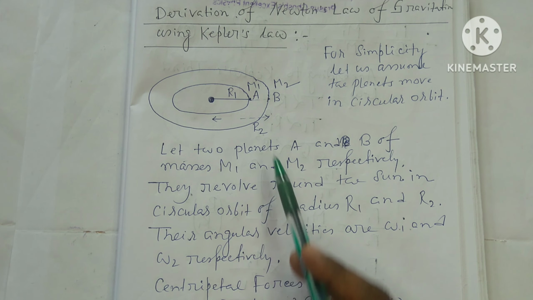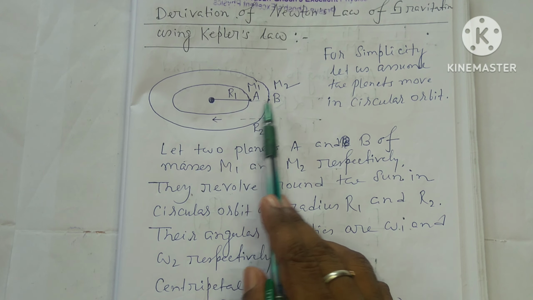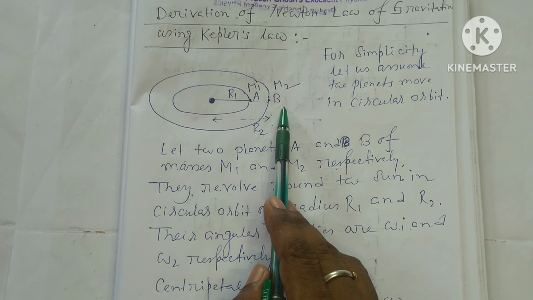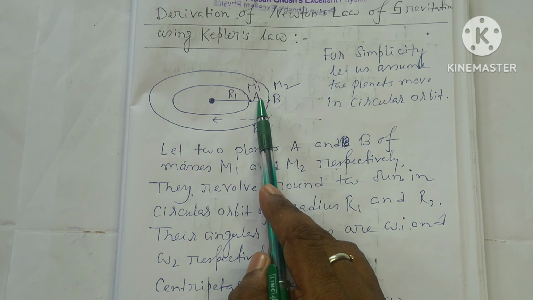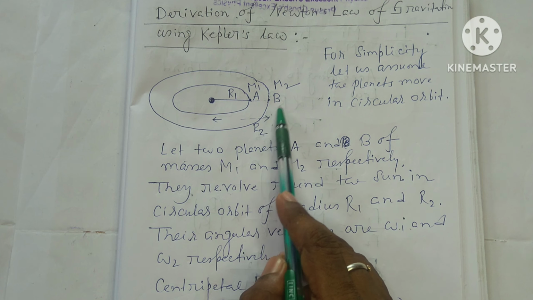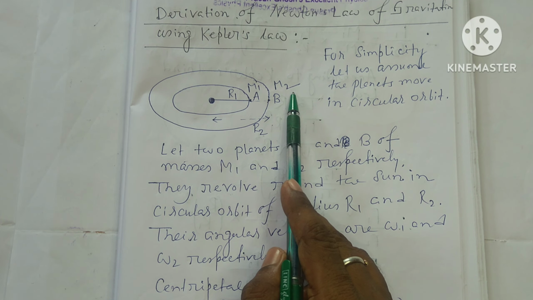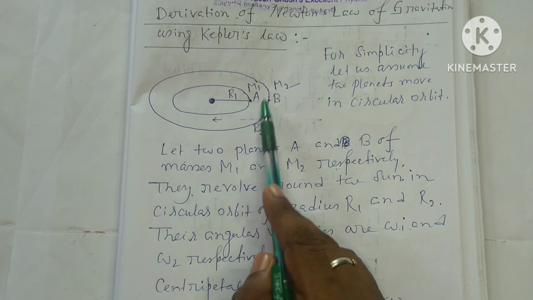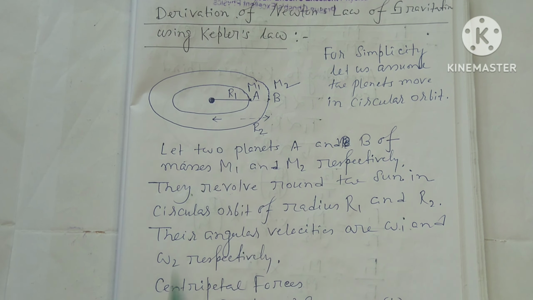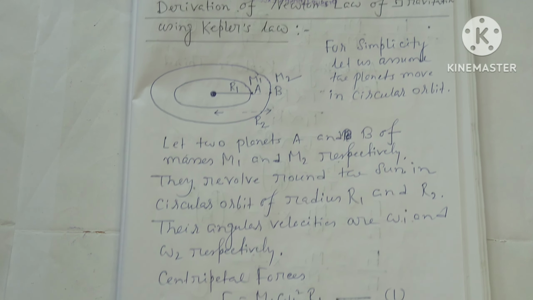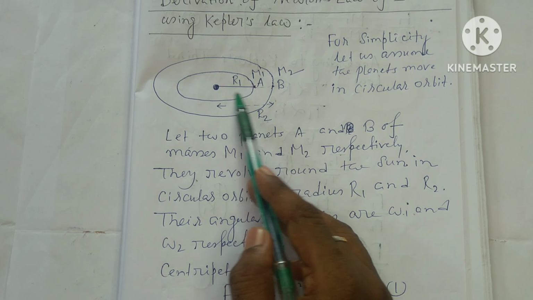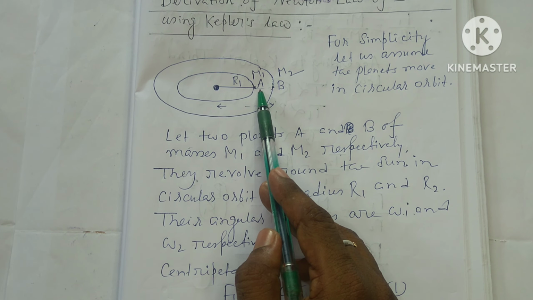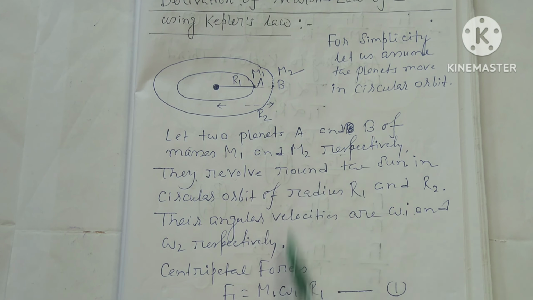So let two planets, that is A and B, and this is the Sun. Two planets A and B, planet A has mass m1 and planet B has mass m2. The radius of the orbits are r1 and r2, and the angular velocity of A is omega 1, and of B is omega 2.